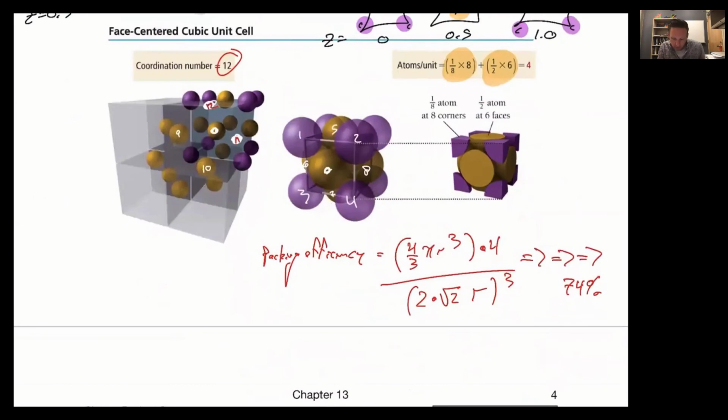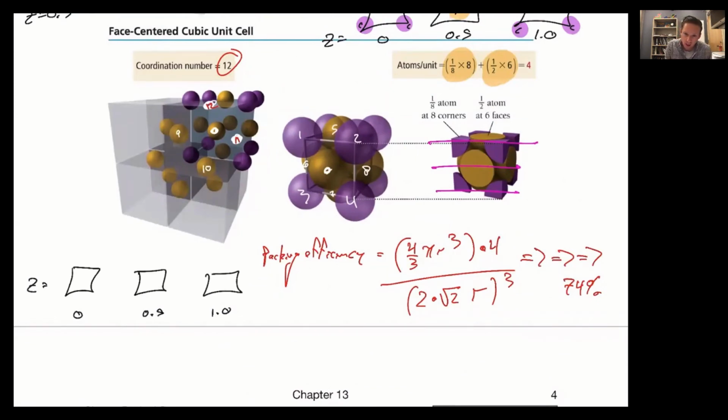So let's look at the Z-diagrams for face-centered cubic. Again, you got 3 cuts that we need to make. Through the bottom, through the middle, through the top. So we got 3 cuts, 0, half, 1. These are all cubic, so they're all squares. 0 and 1 had an atom on all of the corners, but look, they also had an atom in the middle.